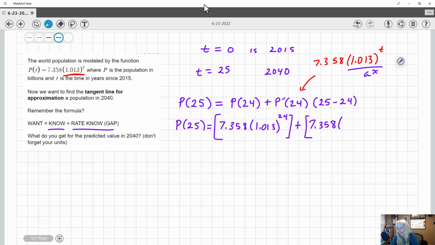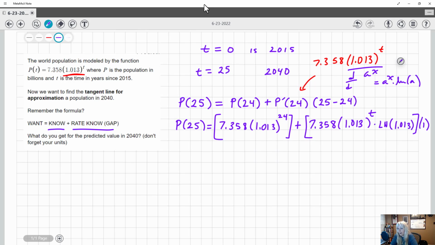The derivative of a to the x is a to the x, which is that, then times ln of a, ln of 1.013. So that is a shortcut formula, and then times the 1. If you don't remember that, look it up. The derivative of a to the x is a to the x times ln of a.